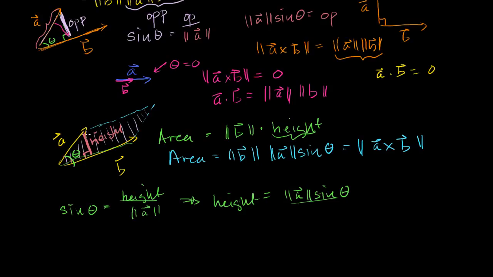The cross product of two vectors, or at least the magnitude or the length of the cross product of two vectors. Obviously, the cross product, you're going to get a third vector. But the length of that third vector is equal to the area of the parallelogram that you can create from those two vectors. Anyway, hopefully you found this a little bit intuitive, and it'll give you a little bit more of a sense of what the dot product and cross product are all about.